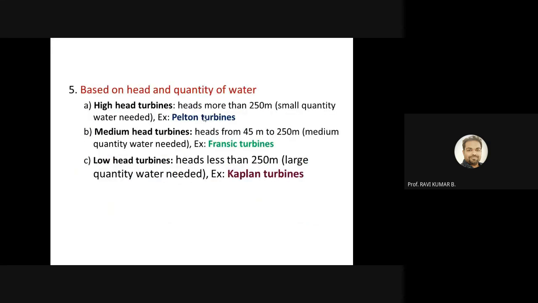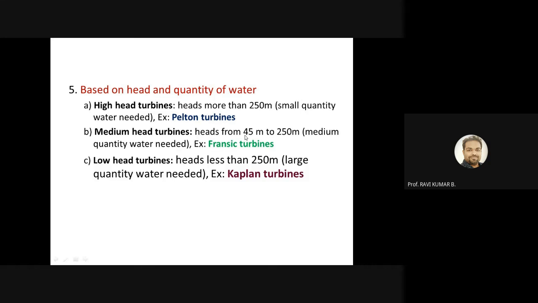The last classification is based on head and quantity of water. High head turbine means head more than 250 meters. It basically requires a smaller quantity of water, because head is more. With a smaller quantity of water itself, you will get sufficient kinetic energy entering the inlet of a turbine. One example is given here, Pelton turbines.